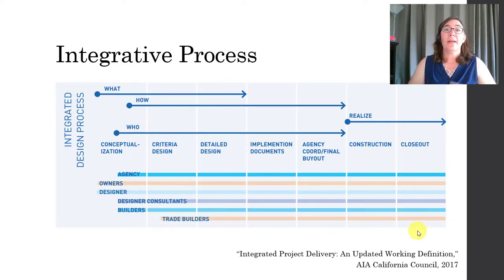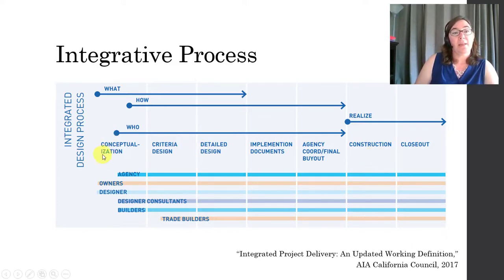So let's take a look at a project timeline for an integrative process. This is the same kind of chart we just looked at, but it's for the integrated design process instead of the traditional. So you'll see that we still have similar project phases: conceptualization, criteria design, detailed design. You can call these different names, all right?